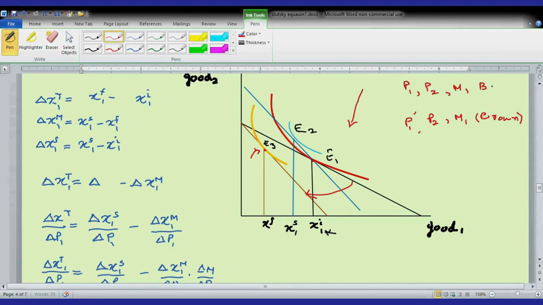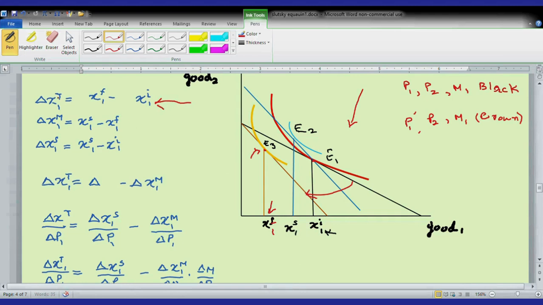And so we see that the equilibrium moves from E1 to E3. This is the total change, where the household now is consuming x1f units of good 1. So the total change is equal to x1f minus x1i, and this first equation is representing this total change.